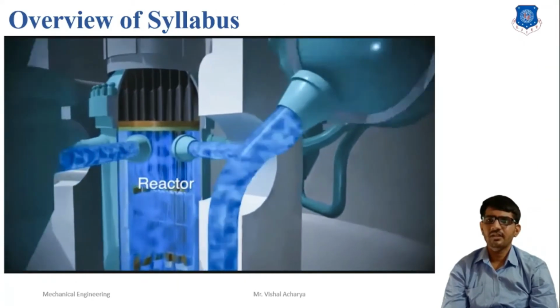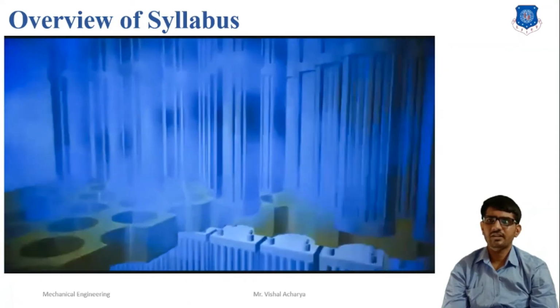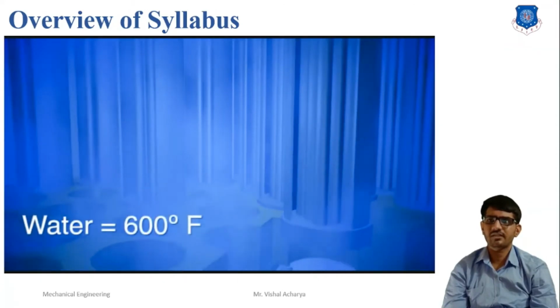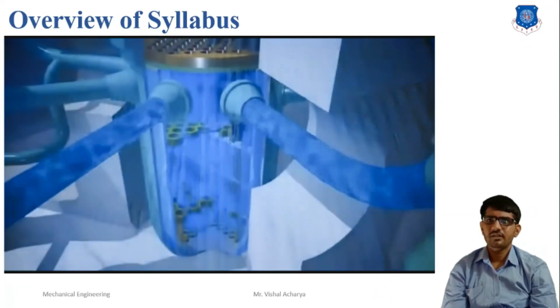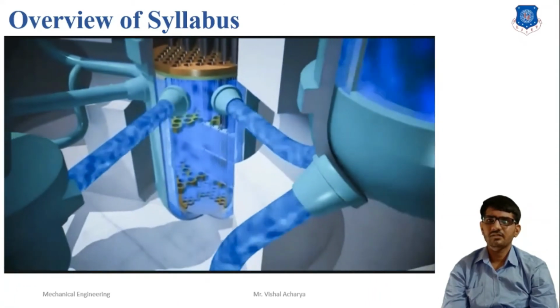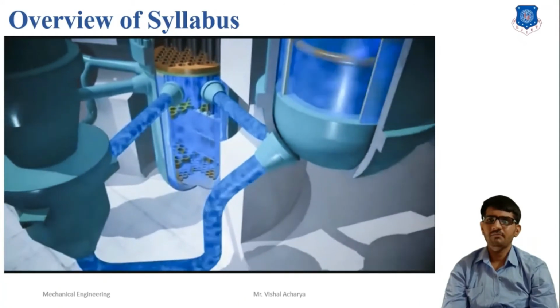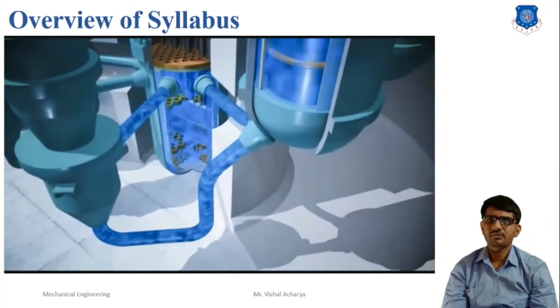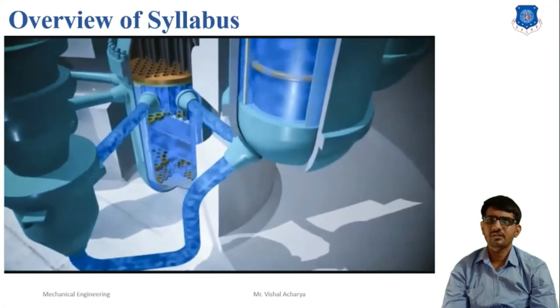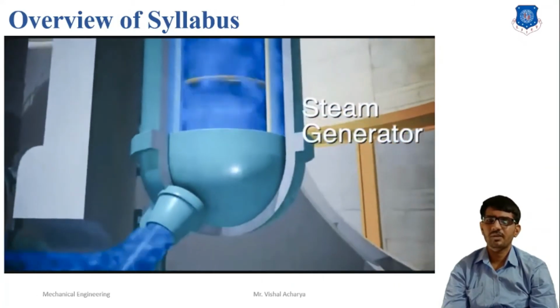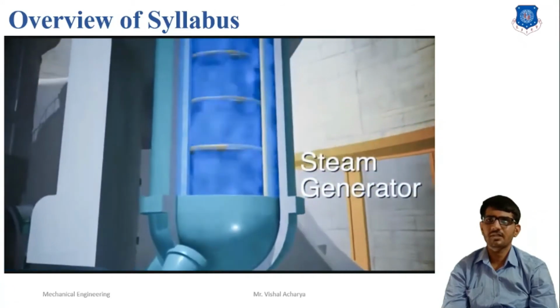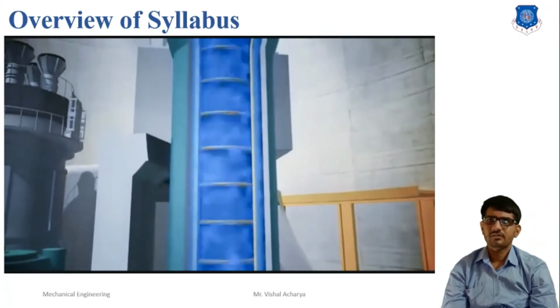In a nuclear reactor, there are various components like fuels, moderators, control rods, reflectors, and biological shield. Here it produces high temperature water. Here the high temperature water transfers heat to the low temperature water. And the steam generator is a device which converts low pressure and low temperature water to high pressure steam.